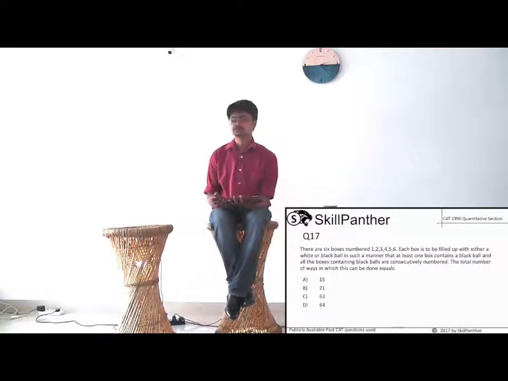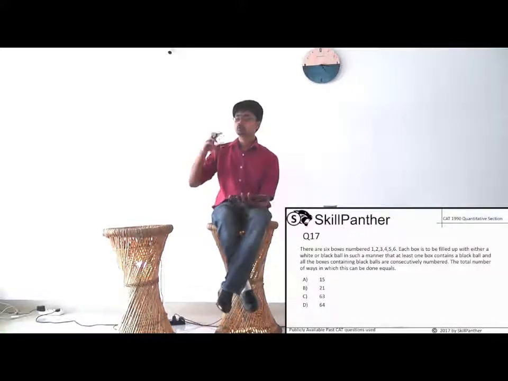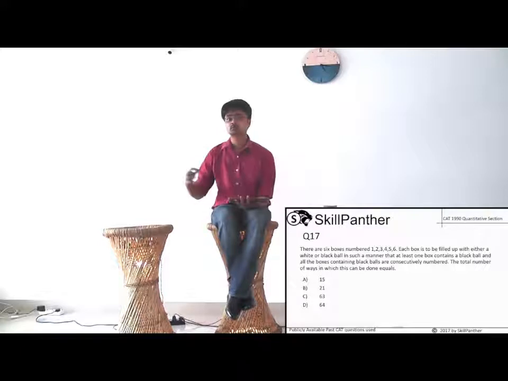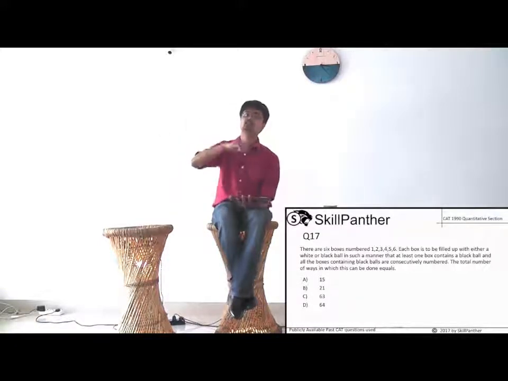What that means is, if I start from the beginning, when I put the first black ball in 1, I can only put the second black ball in 2. I can't put it in 3 or 4 or anywhere else. Only 2. There's just one case. When I put the first black ball in 2, I can put the second black ball in 3. When I put the first black ball in 5, I can put the second black ball in 6, and that's where it ends. Putting the black ball in 6 does not enable me to put the remaining black ball in 1.